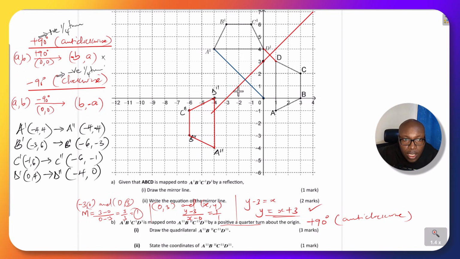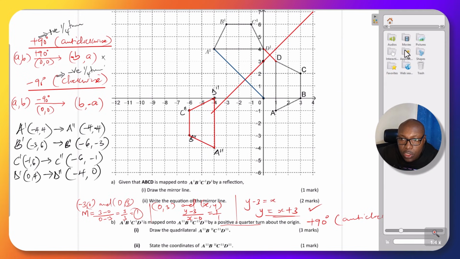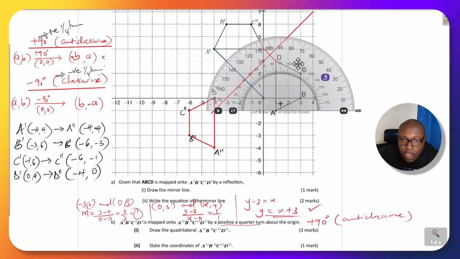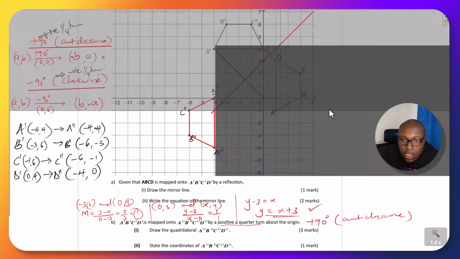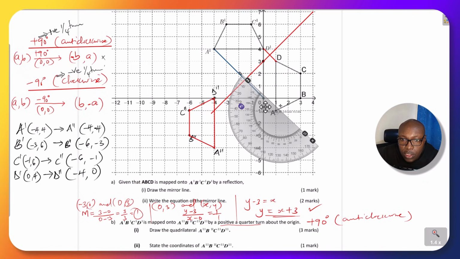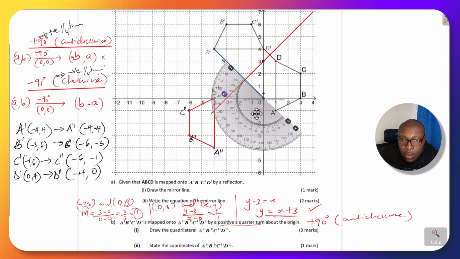And then you know that you're supposed to measure positive 90 degrees in the anti-clockwise direction. So from here, you will have to use a protractor. Let me bring it here, and make sure you place it like this.